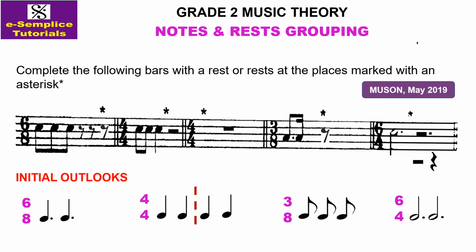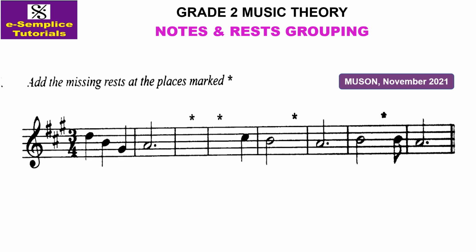Let's proceed. This question is from Muson exam November 2021, and it says add the missing rest at the places marked asterisks. This is a 3/4 time. We are going straight to bar 3.